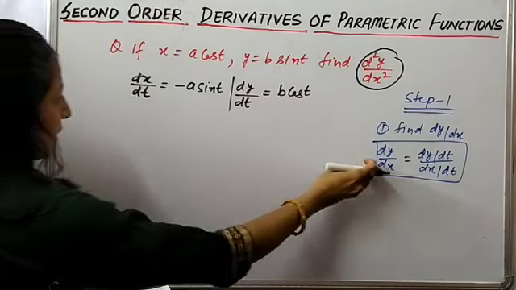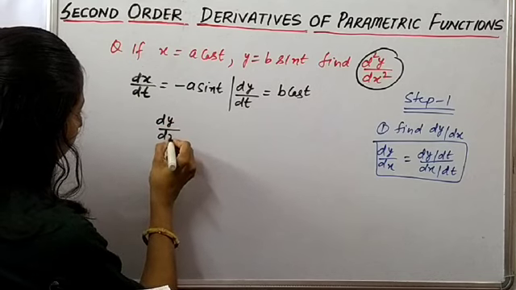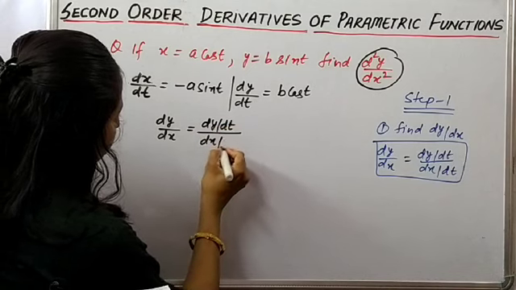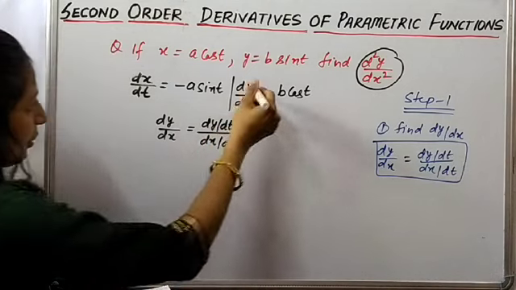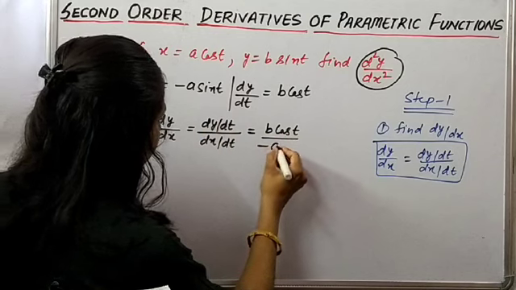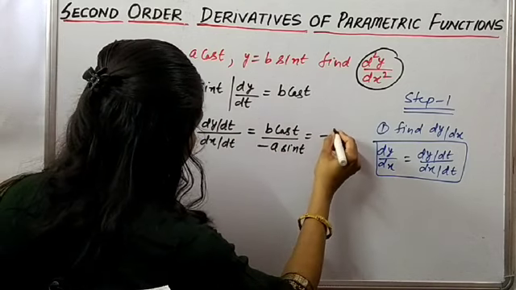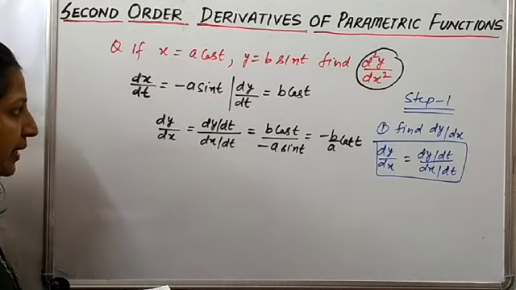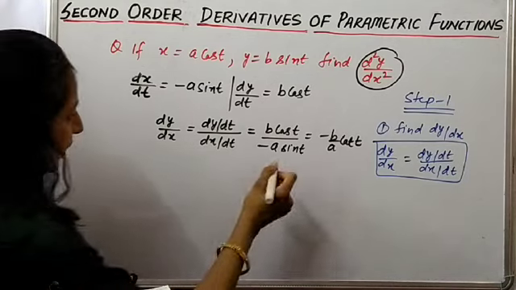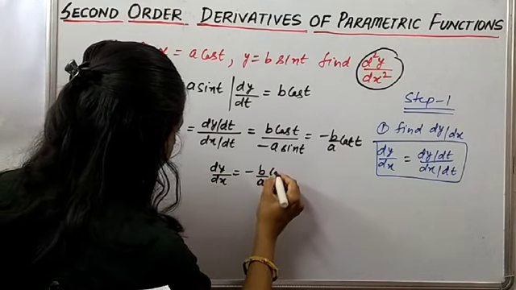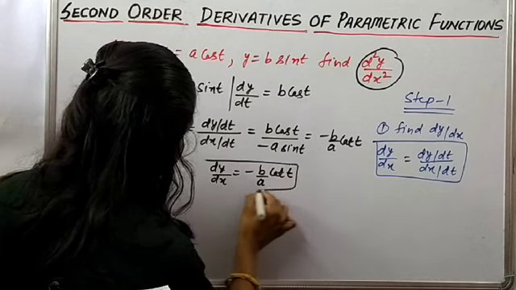Now by using the formula dy by dx is equal to dy by dt upon dx upon dt, we put the values of dy by dt and dx by dt. After substituting we get b cos t upon minus a sin t, and it will be minus b upon a cot t. So we have determined the first order derivative: dy by dx is equal to minus b upon a cot t.